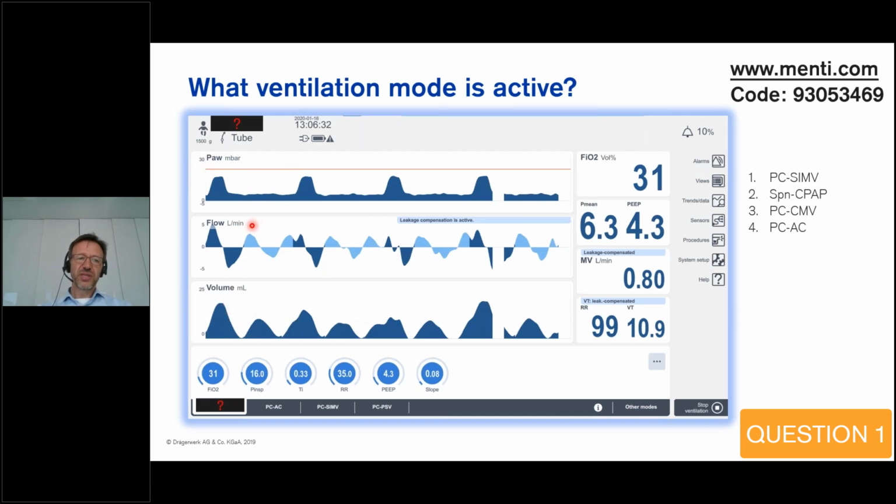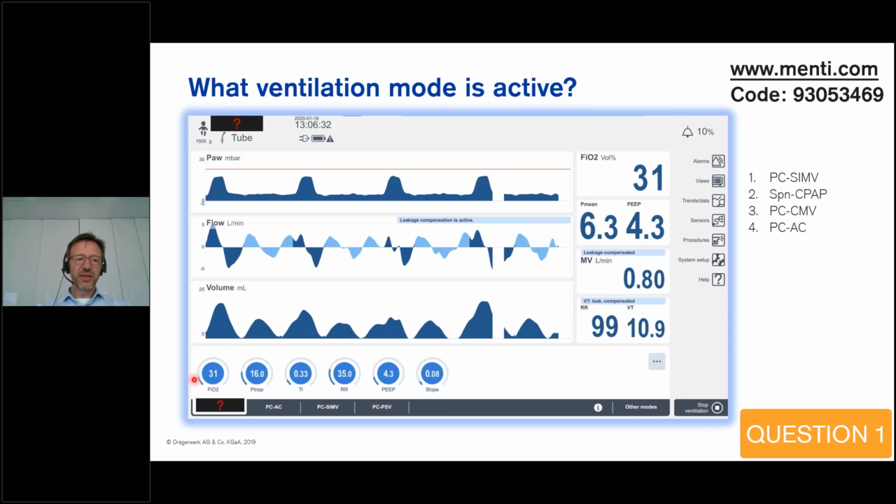I have to explain this to all the people who are not using these Babylogs: the flow curve has two colors. The darker color is the color for mandatory flow, caused by mandatory ventilation. And we have the light blue color for displaying spontaneous activity of the patient.